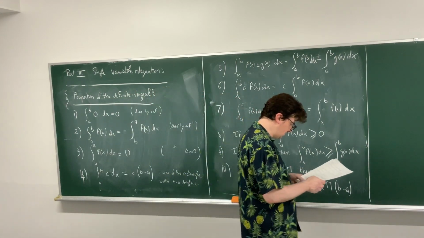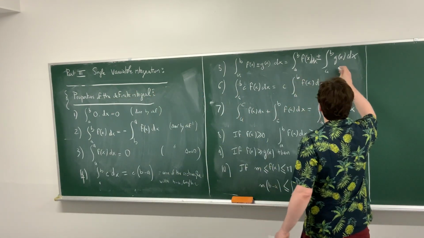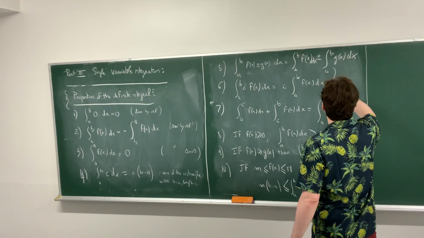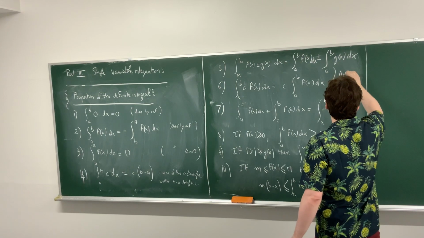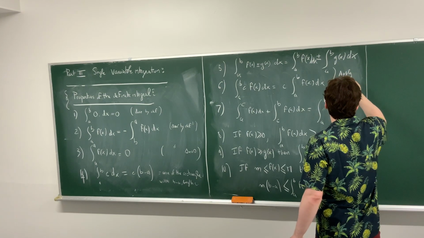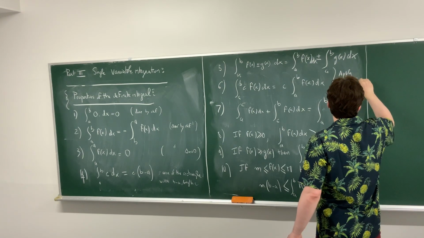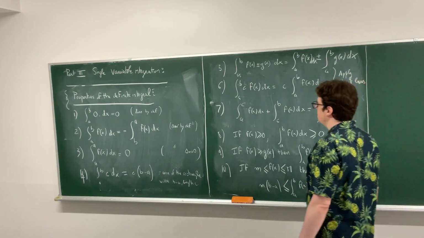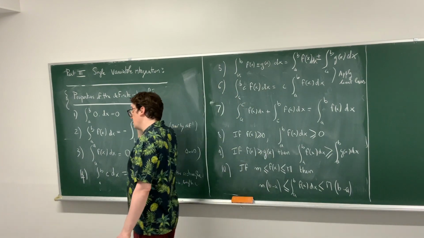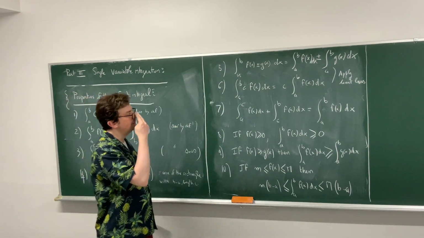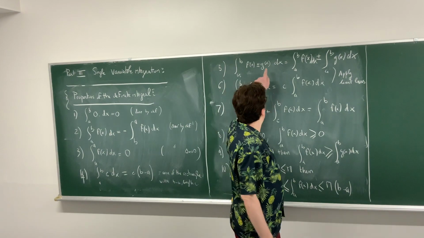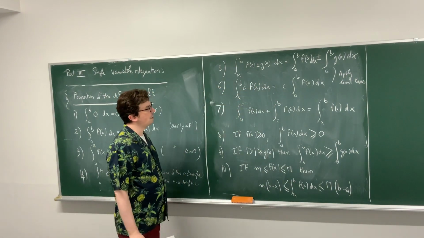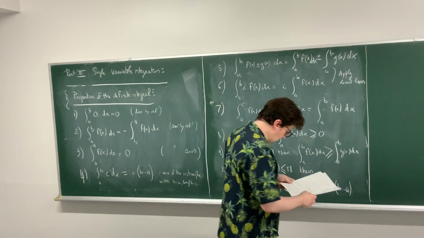Property 5, here you apply the corresponding limit laws. Remember that this definite integral is defined as a limit, okay? So you just apply the plus-minus limit law and the multiplication by a constant, and you will get the result.